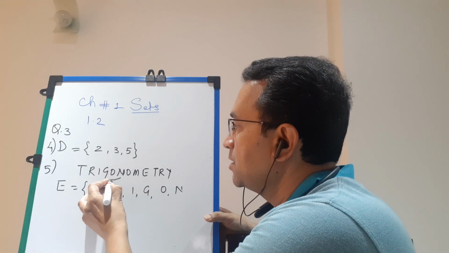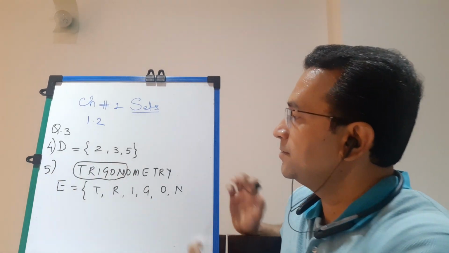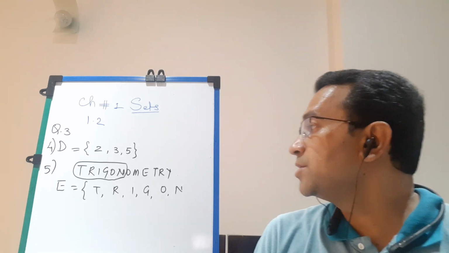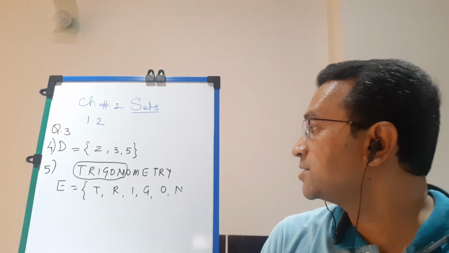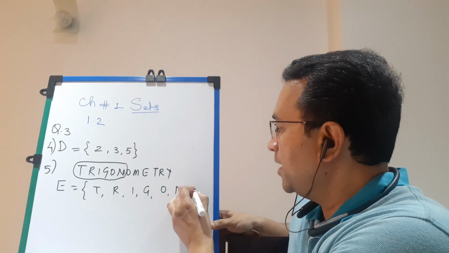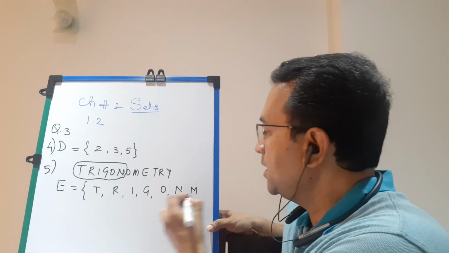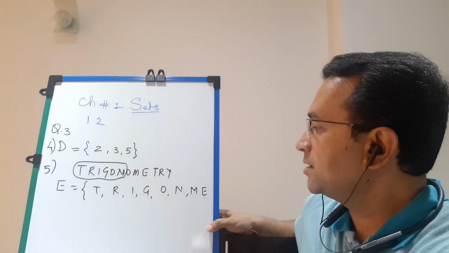Check. Here all these 6 alphabets or letters are distinct. Then O is repeated, we don't have to take it. Then M, of course. Then E. T is already there.